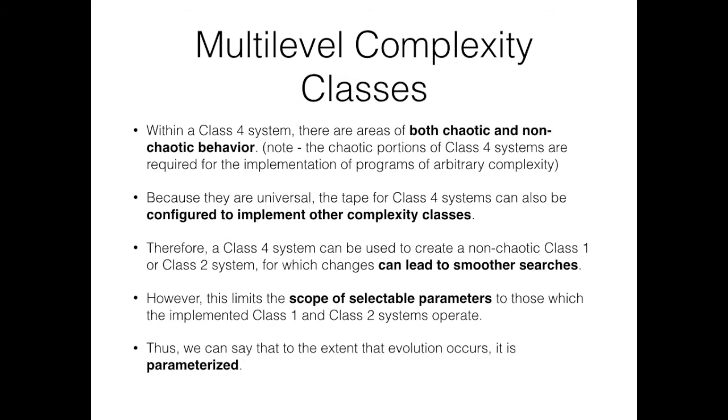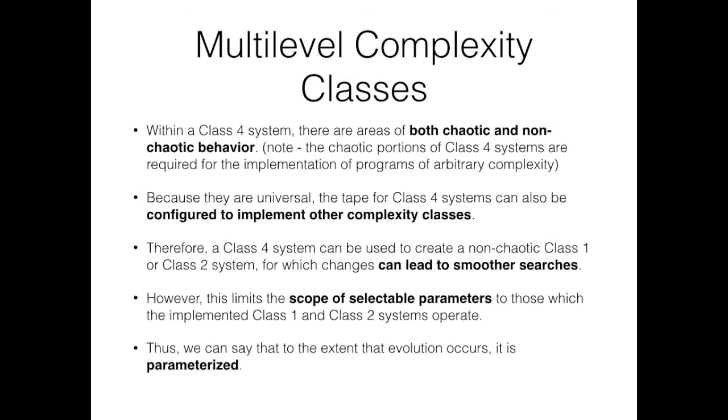So within a class 4 system, you can have parts of the tape act like other smoother, more well-defined, more predictable systems. But this limits the scope of selectable parameters to those which are implemented to be more like class 1, 2, and to some extent class 3 systems.